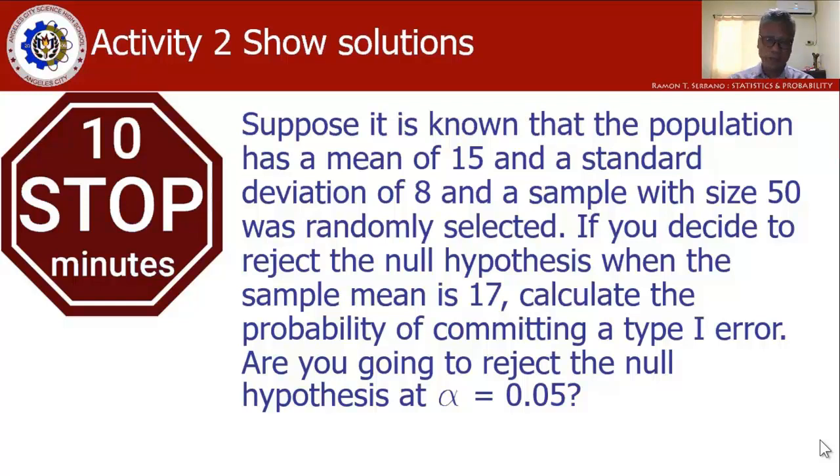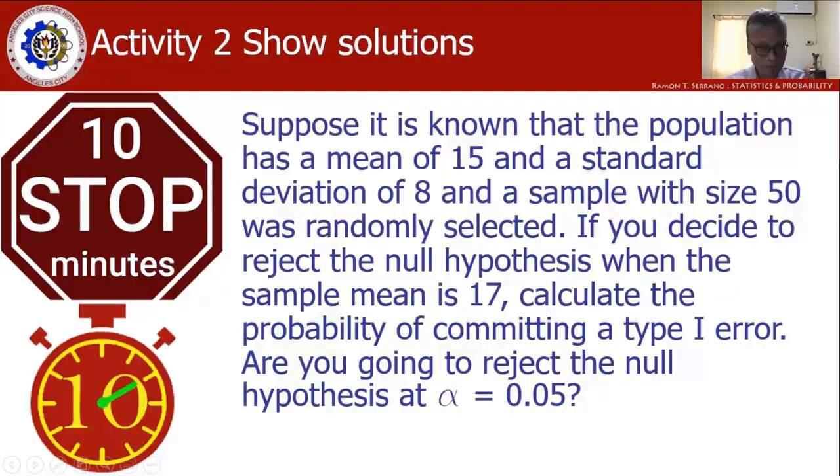And the next question is, are you going to reject the null hypothesis at 0.05 alpha? Remember, the given is that the population has a mean of exactly 15 and a standard deviation of 8. Think before you click. Again, when you're done, put your answers on the chat box. And your 10 minutes start now.